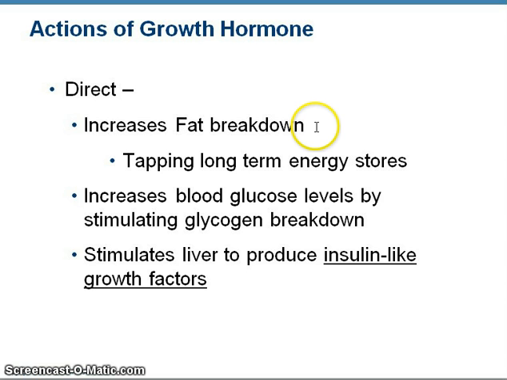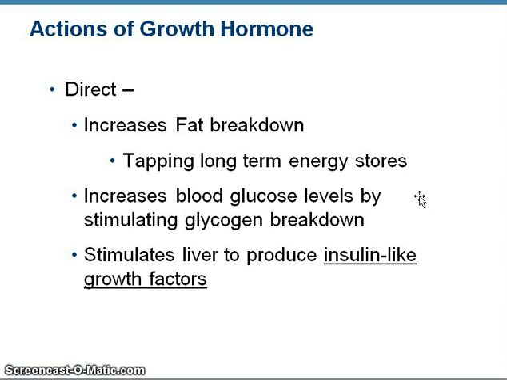So throughout your body, you're going to be tapping into your long-term energy stores to fuel the process of growing, which is obviously going to be energy intensive. Growth hormone is also going to cause glycogen breakdown in the liver, which is another way of increasing blood glucose levels so that your body has the energy it needs to stimulate growth or to fuel growth.